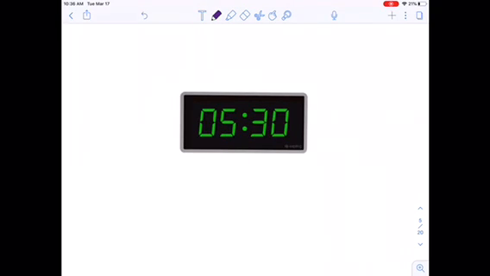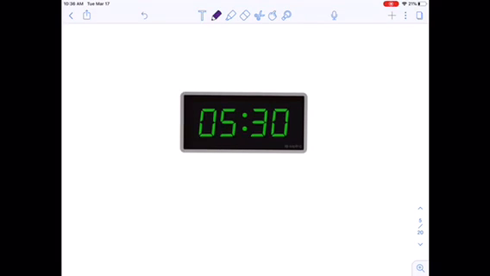Sometimes there's a number after the colon besides 2 zeros. So let's try this one together. 5 is the number of hours that have passed. 30 is the number of minutes that have passed. So I would read this clock as 5:30.